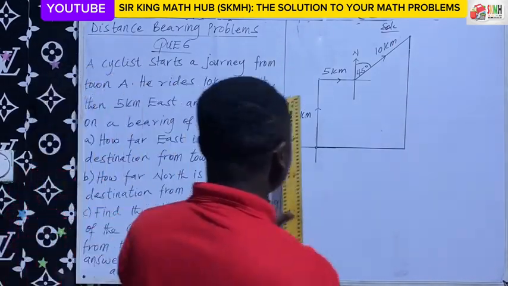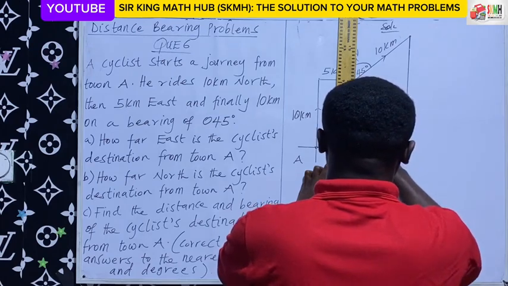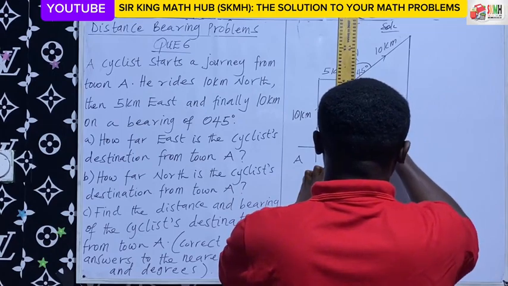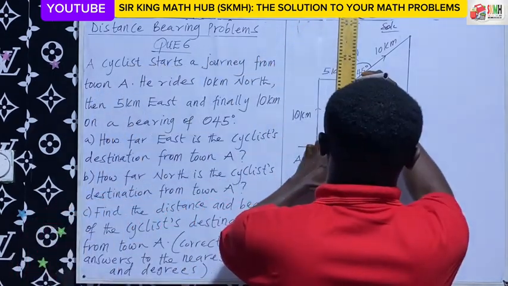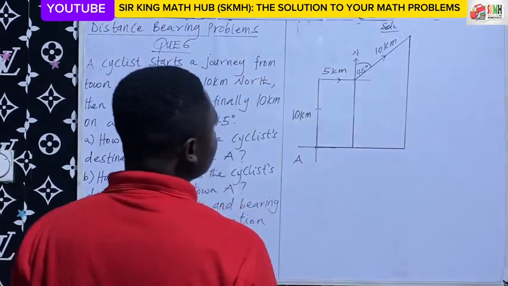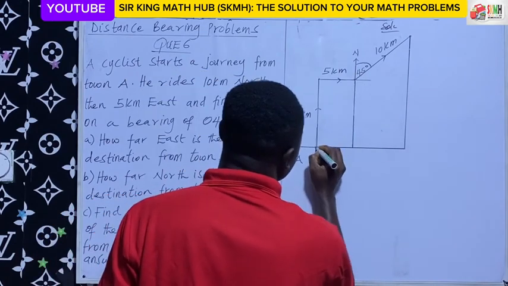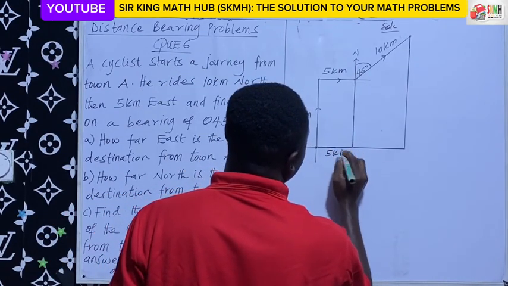So now, okay, let's make it a straight line. If the distance from this point to this point measures 5 kilometers, then this point to this point must also measure 5 kilometers.